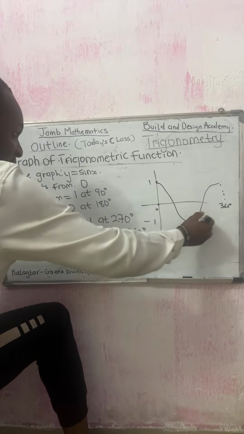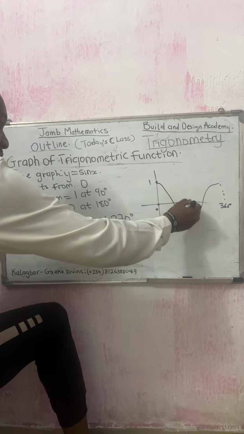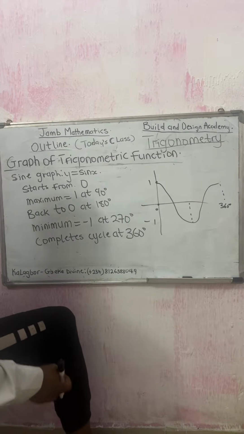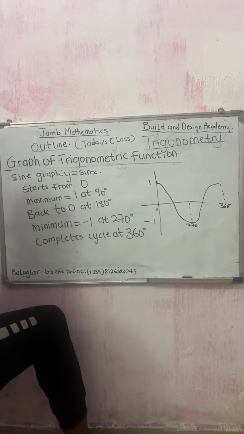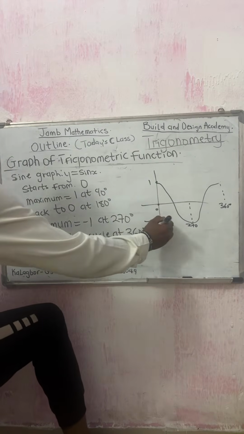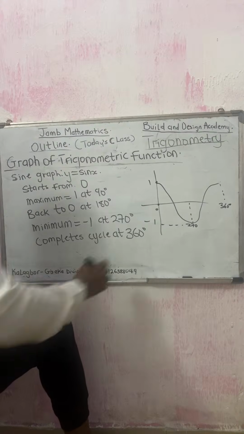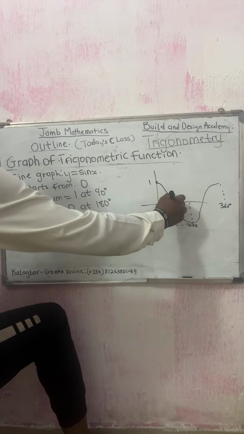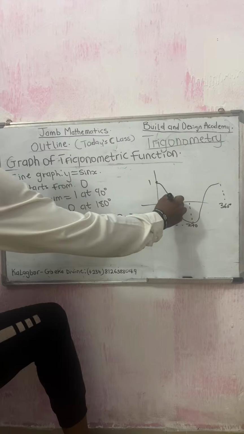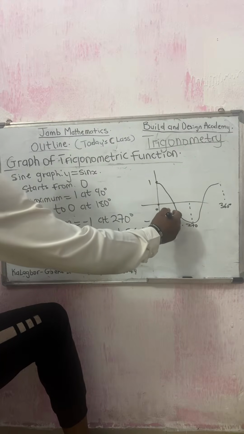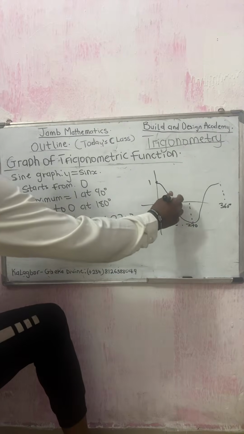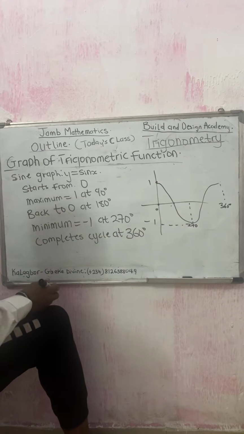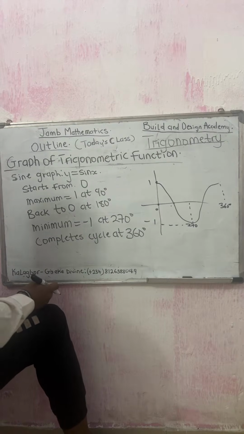So this should be 360, here should be 270, here should be 180, then the maximum should be 90 degrees.